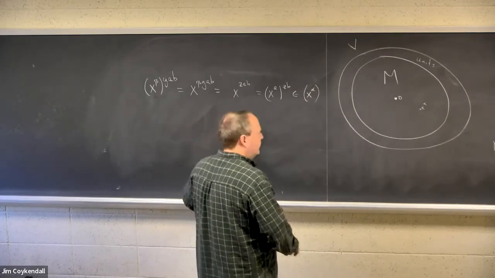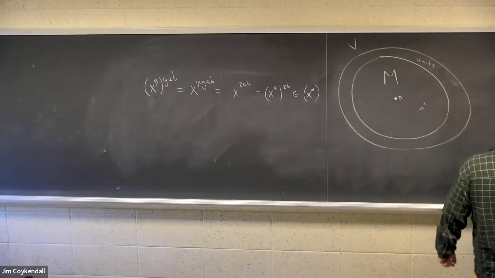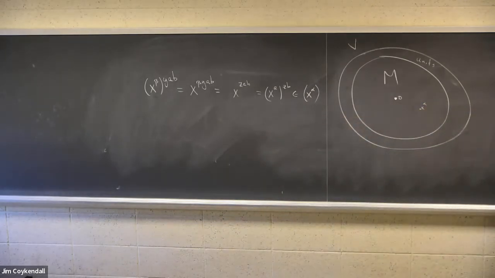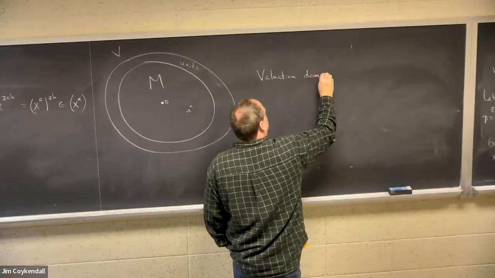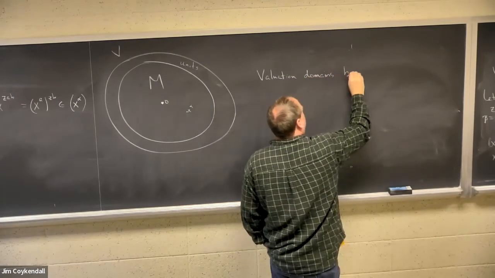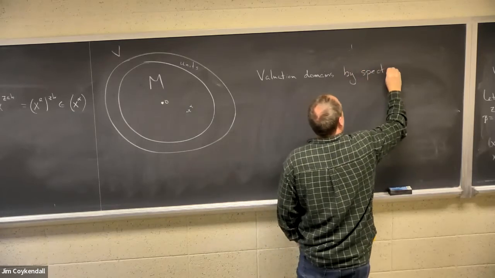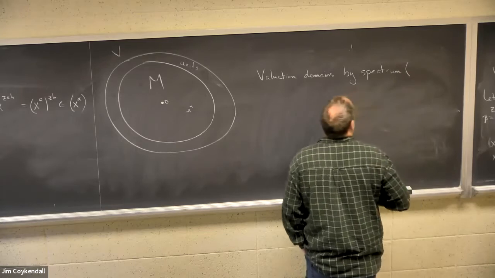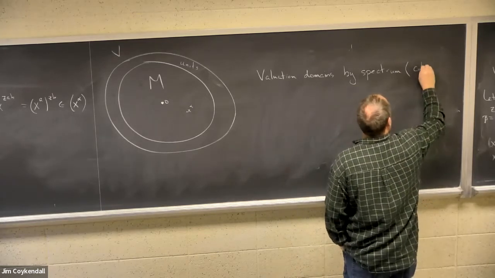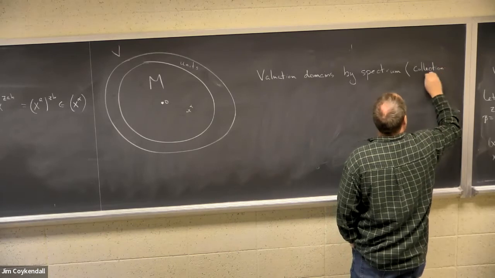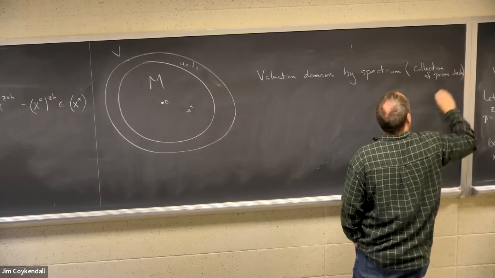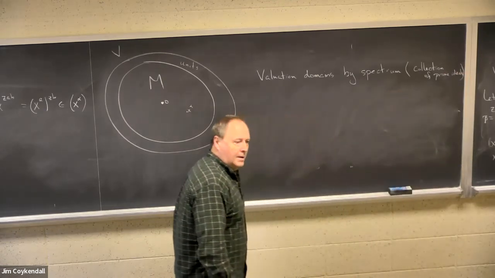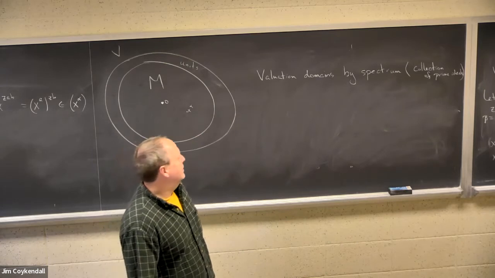So here's what we've done so far as far as building examples. I think I may have used this word in 8510, the spectrum of an ideal is this collection of prime ideals.